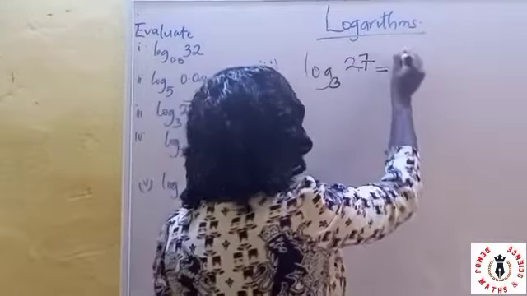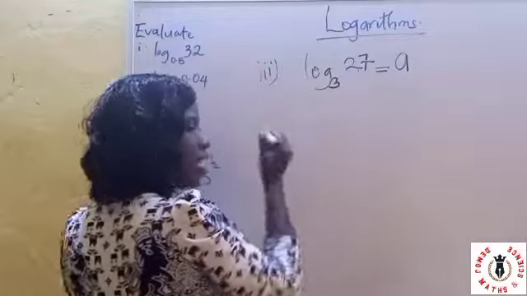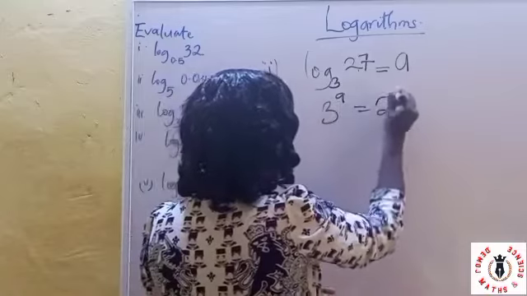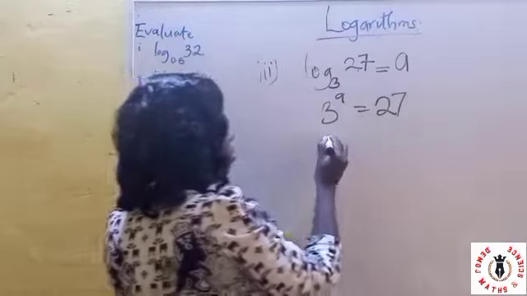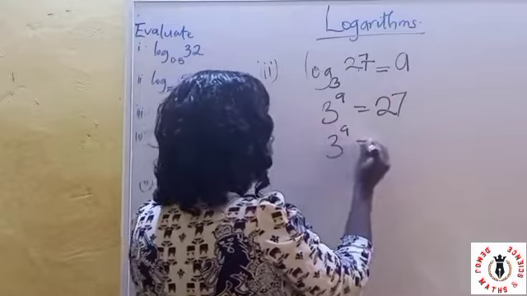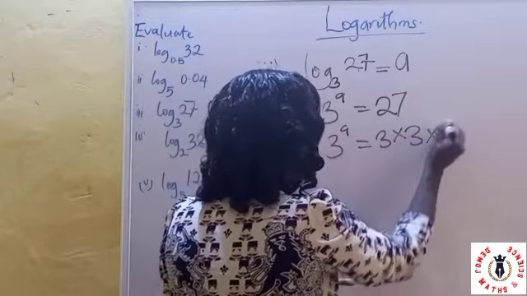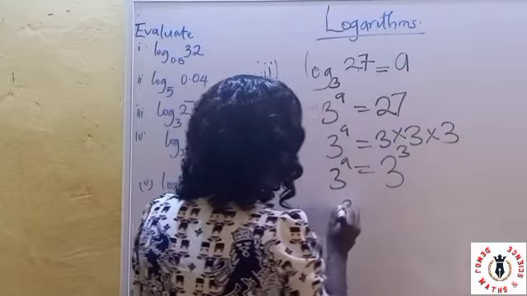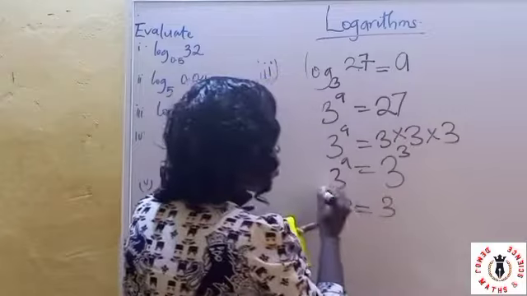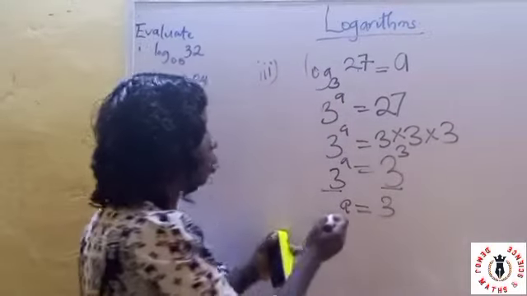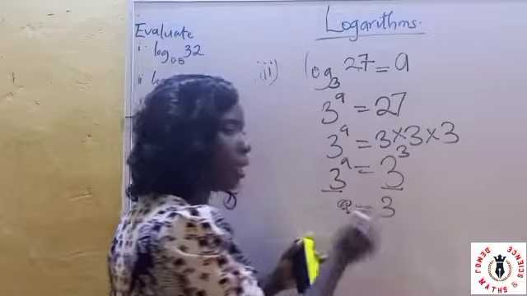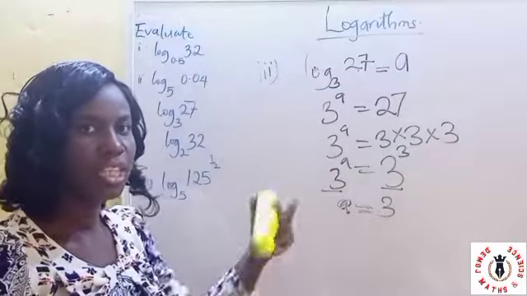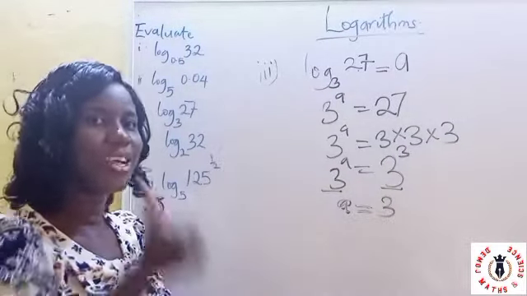I'm still going to use the letter A. So we are going to bring it to index notation again. 3 raised to the power of A is equal to 27. 3 raised to the power of A is the same thing as 3 times 3 times 3, which is equal to 3 raised to the power 3, making our A equal to 3, because we equate the base so our indices can be equal to one another. So our A is equal to 3. Did you get that? If you did, thumbs up to you.